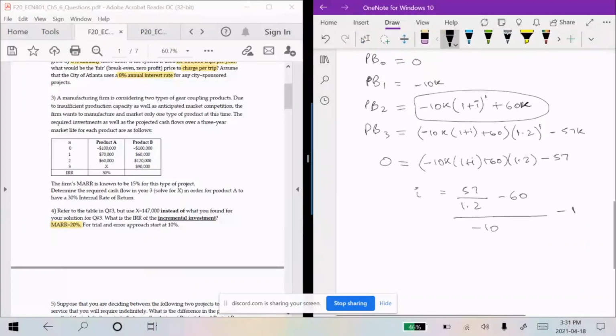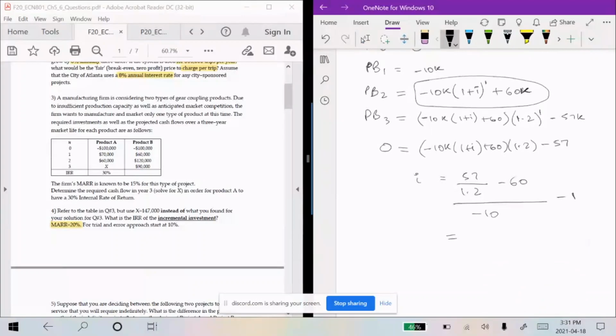We just need to solve for this now. 57 divided by 1.2 minus 60, divided by minus 10, minus 1. So you get 0.25. I is 0.25, or you can write that as 25%. The IRR in this case, the incremental rate of return, is 25%.